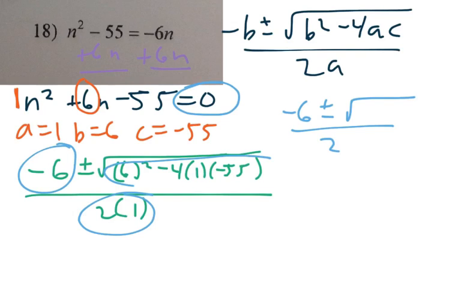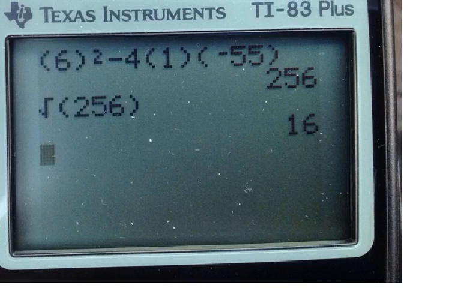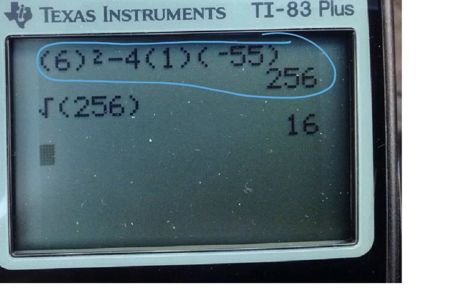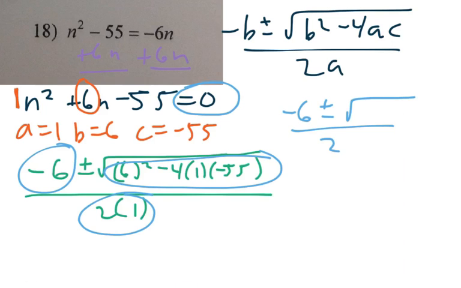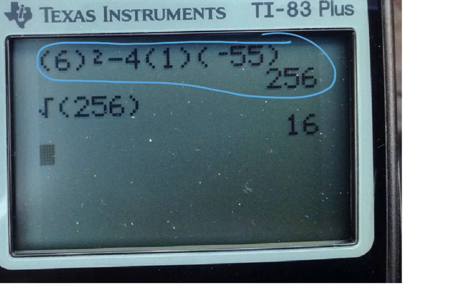Now let's do the radical inside. If I do 6 squared minus 4 times 1 times negative 55, well, what is that? You can see right here, guys, it's 256, right? So we have the square root of 256, and I also happen to know the square root of 256 is 16.